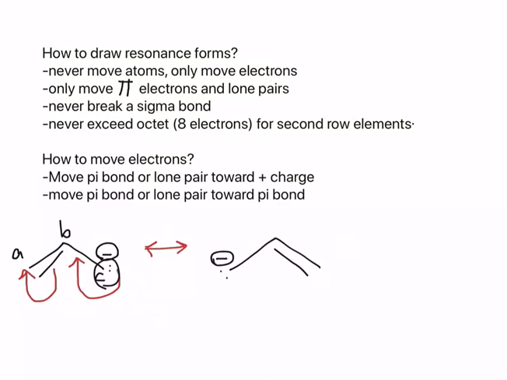Okay, A, B, and C. So the pi bond between A and B becomes a negative charge, a lone pair on carbon A, and a new bond forms, and a lone pair on C. This lone pair becomes a pi bond between C and B.